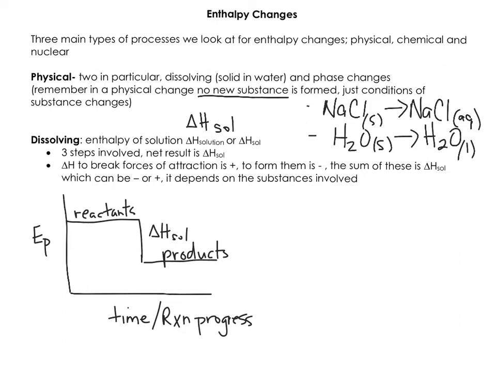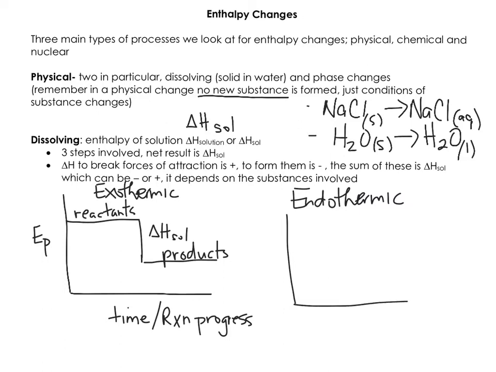So this height, this vertical component, is our enthalpy change for the reaction. So this one is exothermic, dissolving. And then endothermic, potential energy, reaction progress.